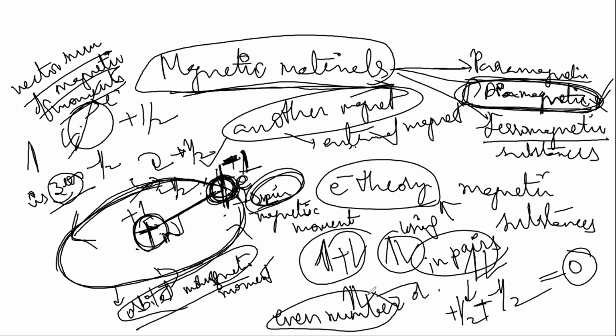Right? Now, let us go to the other substance, that is paramagnetic substance. Okay. So now I understood how the magnetic moments play an important role in magnetic material properties, like how we can classify them into para, dia, and ferro. Okay. Now let me give you the paramagnetic.